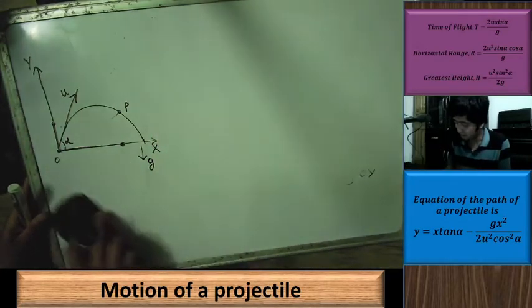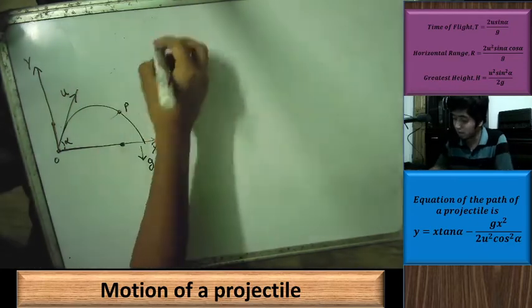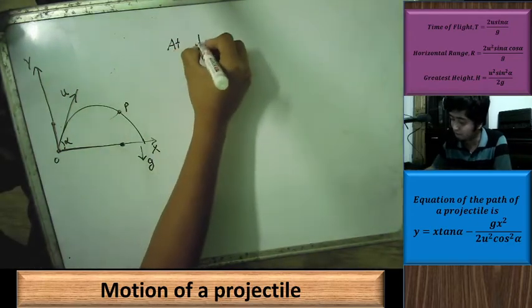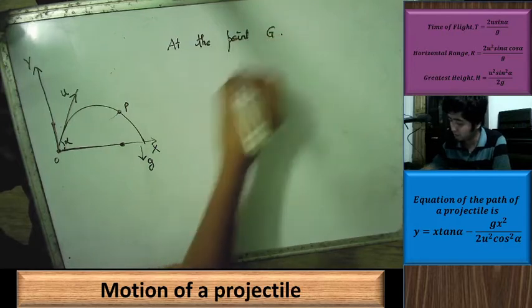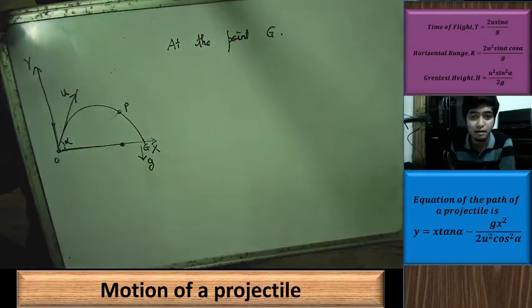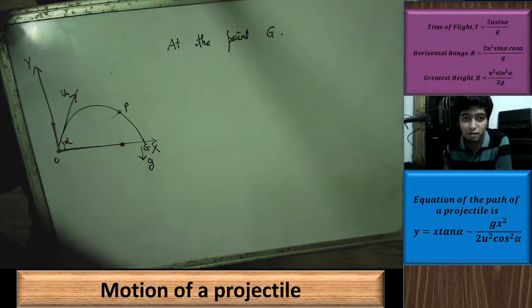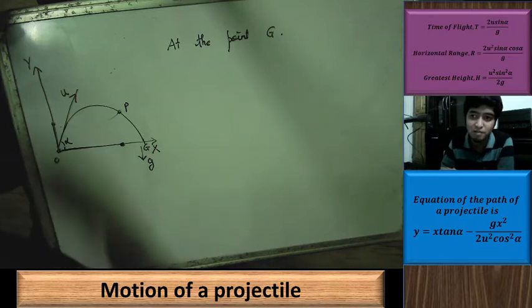So now let us try to derive. At the point G, when the particle is over here, how much is the horizontal distance?